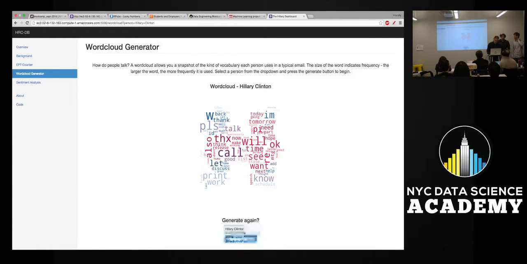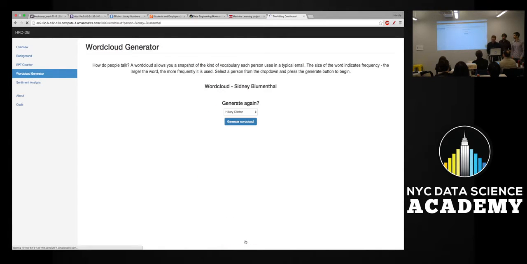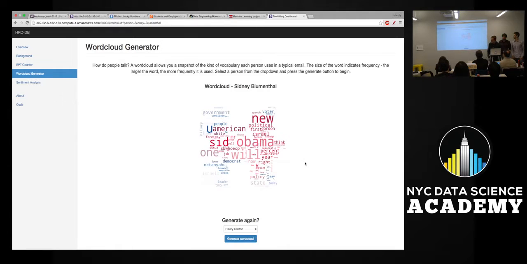So Sidney Blumenthal, the man that everyone was speaking about, what did Sidney's emails have to do with? Well, they had to do principally with Obama and a lot of political topics, right? So things that are really representative of Hillary's interest in the election. As many of you may know, Sidney Blumenthal has been an advisor to the Clintons for the last 20 years and has helped them navigate the political scene as they've sought their different positions in office.